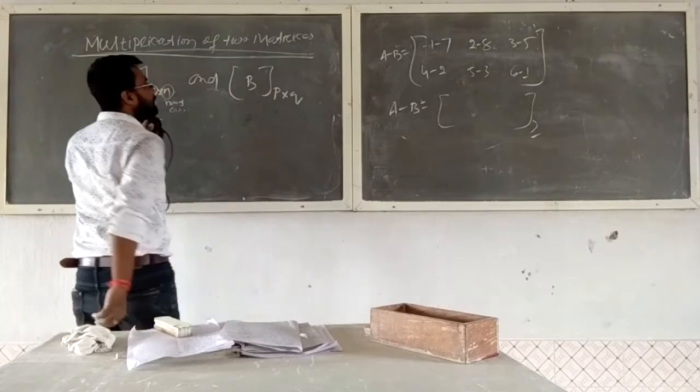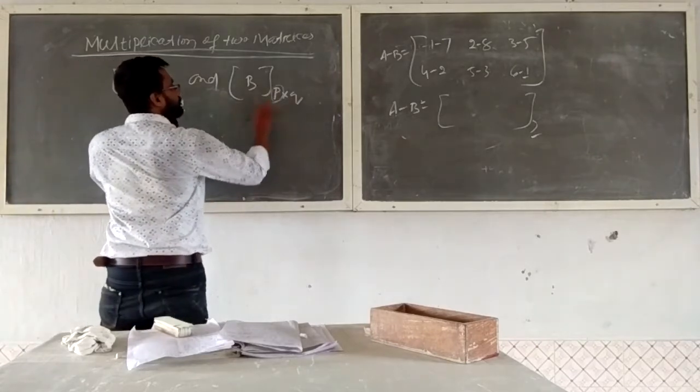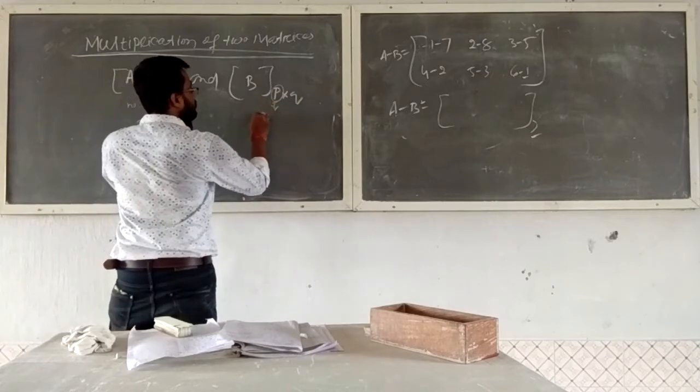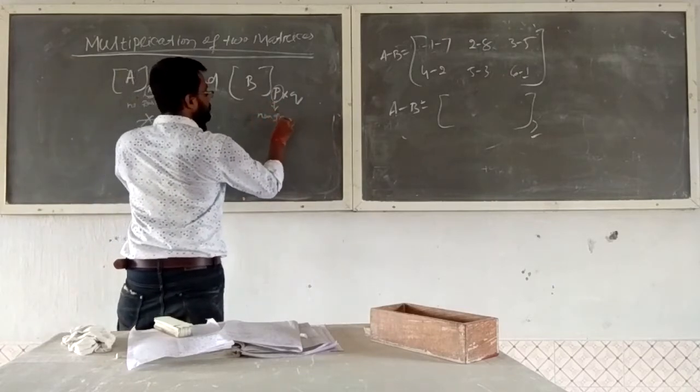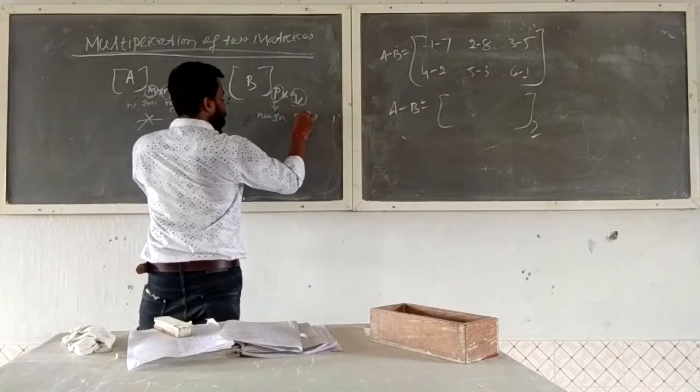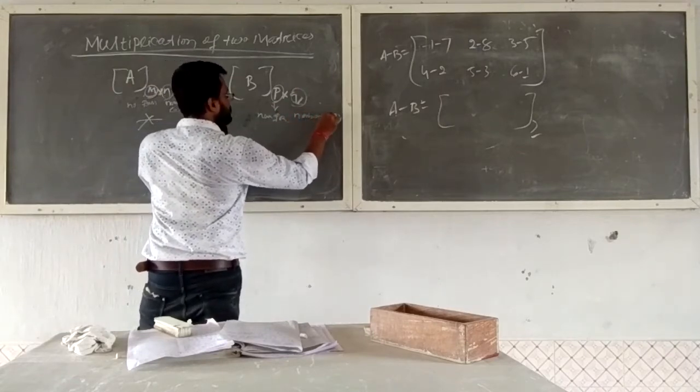Similarly, for the second matrix B, the order is P by Q. The first subscript denotes the number of rows and the second subscript denotes the number of columns.